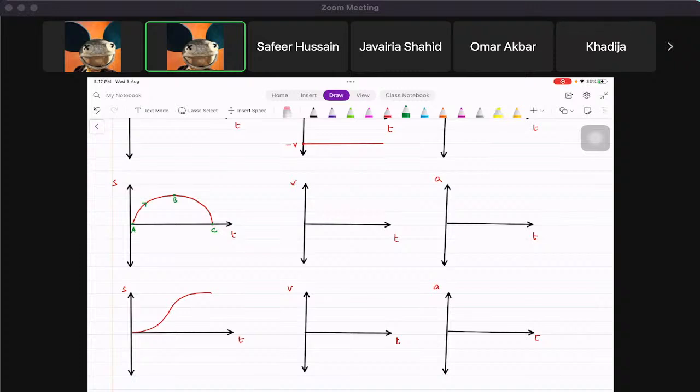So a decreasing velocity graph which is staying positive would be like this. Let me draw it. So this means there was a value of velocity, and now this is A and this is B. Is it clear, everybody?